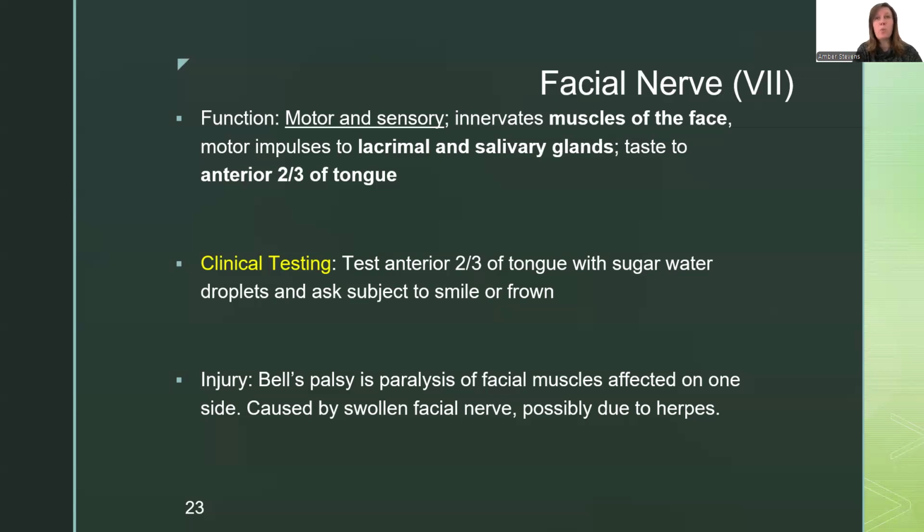However, there are a few different types of injections that we give with anesthetic that can get close to this nerve, especially around the eye, and it can temporarily cause paralysis to that nerve while there's anesthetic there. The patient could have temporary Bell's palsy, but she'll talk about that a lot more in pain management. But it is important to know where this nerve is so that we can avoid causing that for a patient.